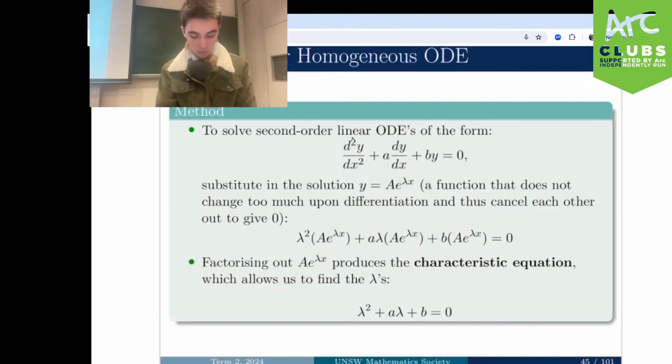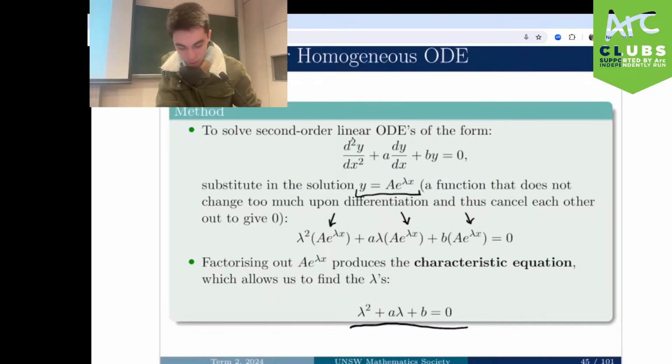And the way that we solve them is to substitute a guess that looks like an exponential function into y. And we notice that if we do that and we divide through by this common factor of a times e to the power of lambda x, right, which we know is positive, we arrive at this quadratic equation, okay?